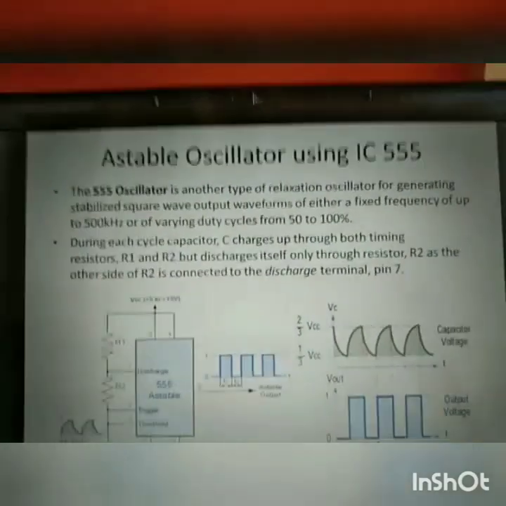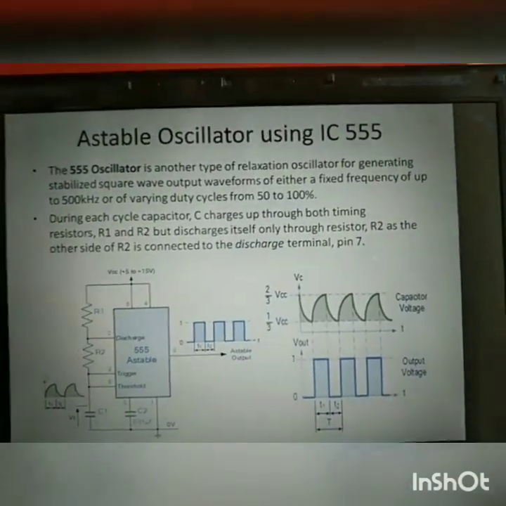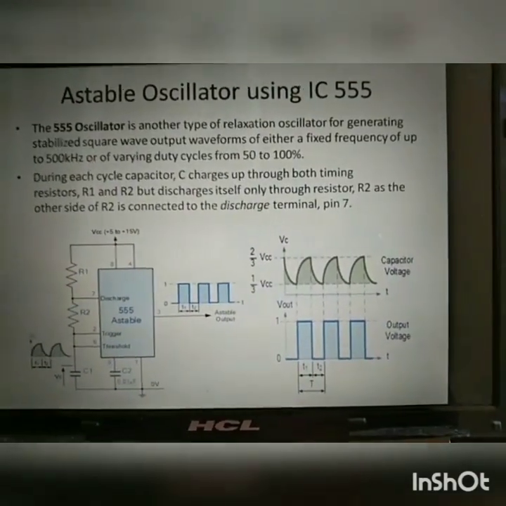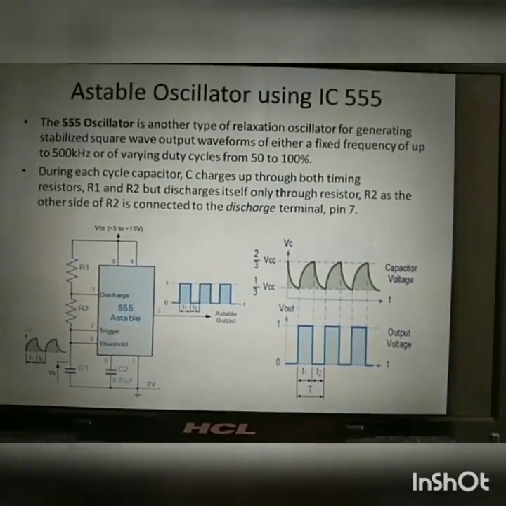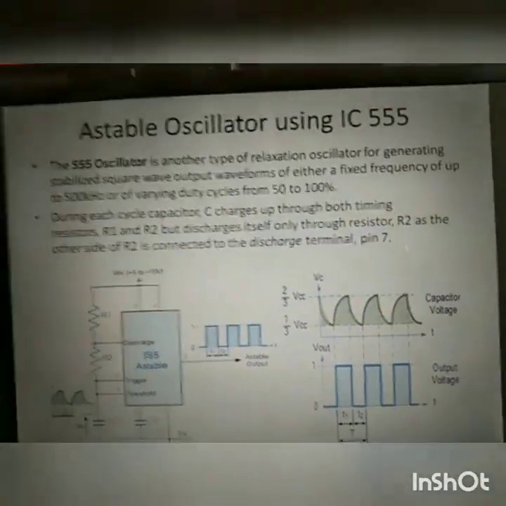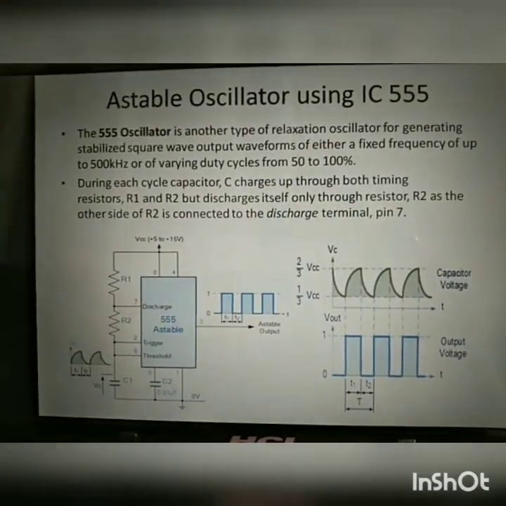The 555 oscillator is a type of relaxation oscillator for generating a stabilized square wave output, either of fixed frequency up to 500 kHz or of varying duty cycle from 50 to 100%.